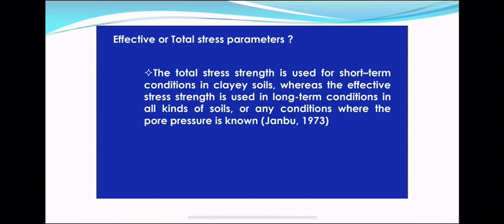In any condition where the pore pressure is known, as stated by Jambu in 1973, the total strength is used for short term conditions in clay soils. This pore water pressure may result from ingress of rainwater into the slope, which we have discussed.